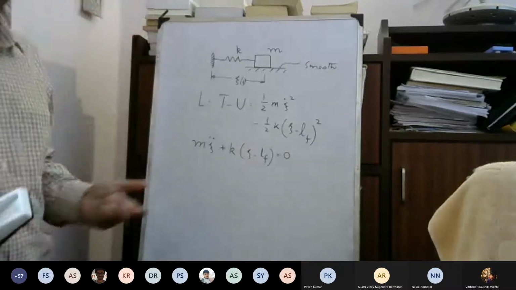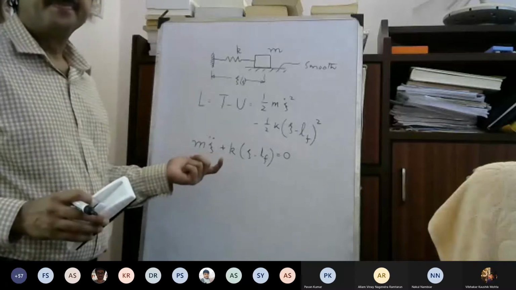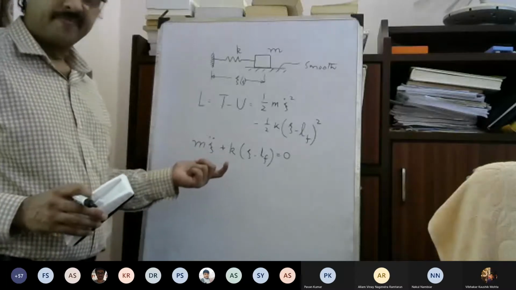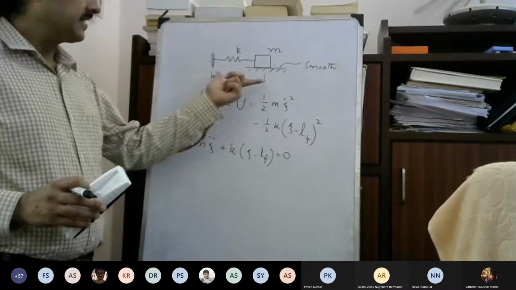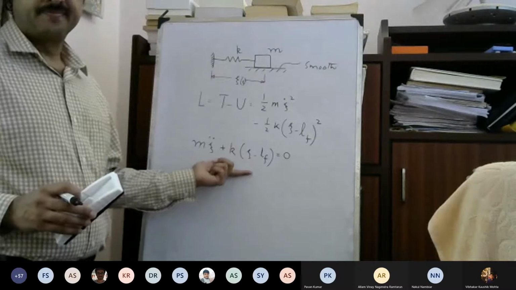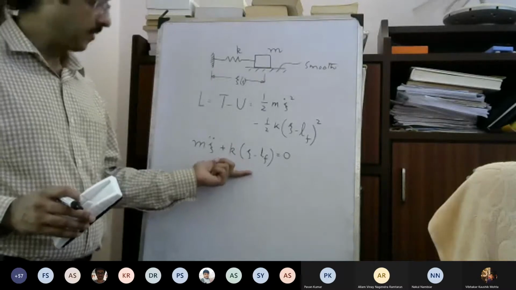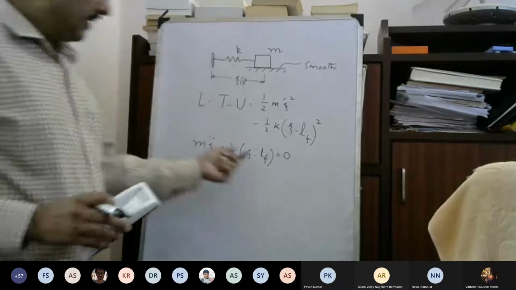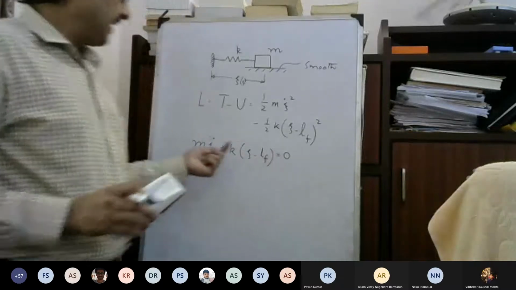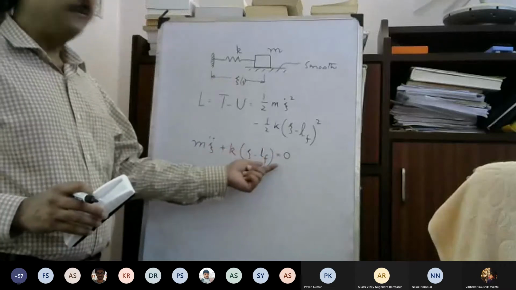So is this the equation of motion? Correct? I have this system, and this is the equation of motion. Is this correct? Yes, sir. But in the usual case, you will have m x double dot plus k x equal to 0. Here, LF is appearing.